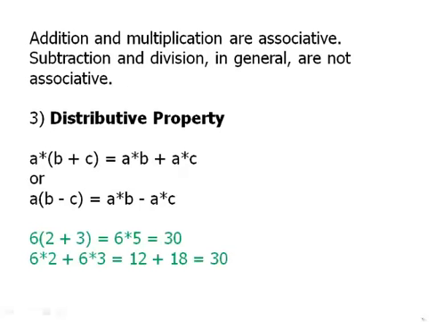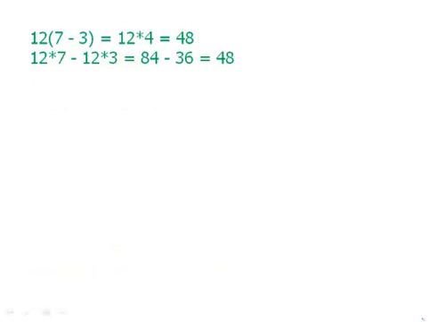So for example, we can add 2 plus 3 first and then multiply, or we can do 6 times 2, 6 times 3 first, and then add those two products separately. Either way, we get the same answer. Similarly, with subtraction, we could subtract the 3 and the 7 first, get the 4, multiply that by 12, or we could multiply the 12 times 7 and separately multiply the 12 times 3 and then subtract those two products. Either way, we get the same answer.